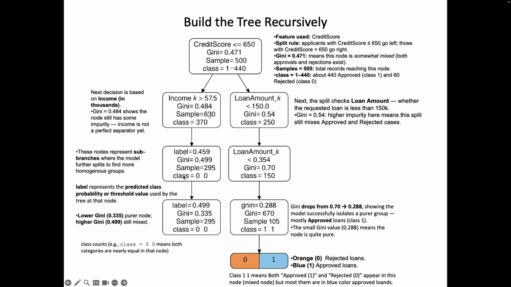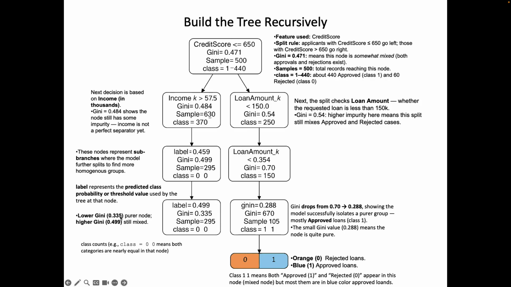Then further down, Gini is 0.37 and class 0, 0 means both categories are nearly equal. 1, 1 means both classes are nearly equal, but the majority is approved. With 0, 0 both are nearly equal, but the majority is rejected.